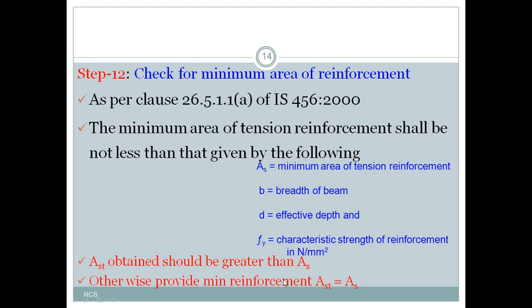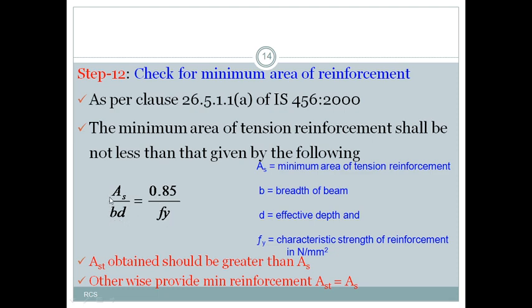Next, we check for the minimum area of reinforcement. As per clause 26.5.1.1 (a) of IS 456 2000, the minimum area of tension reinforcement shall not be less than that given by the following: As by b d equals 0.85 by fy. The b, d and fy values will be present in your problem.